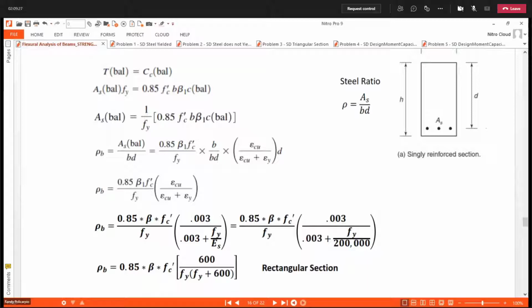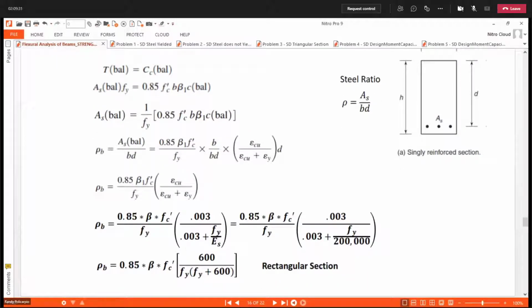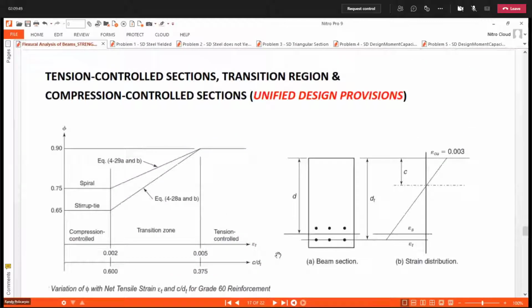This is very useful when we're dealing with balance condition. So this is the required steel ratio to say that the beam is at balance condition.